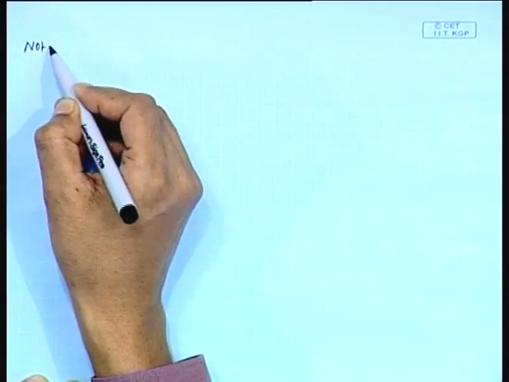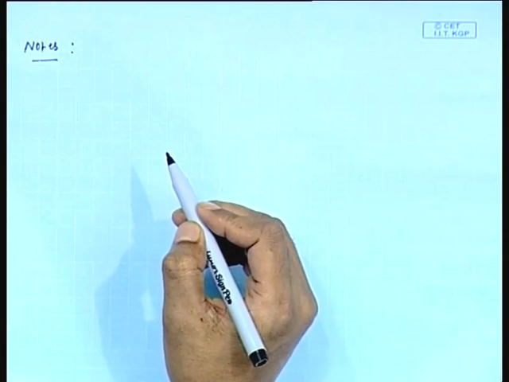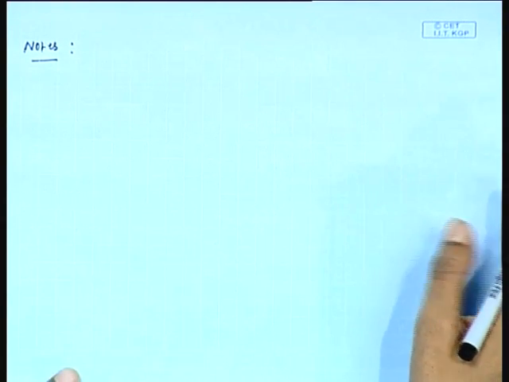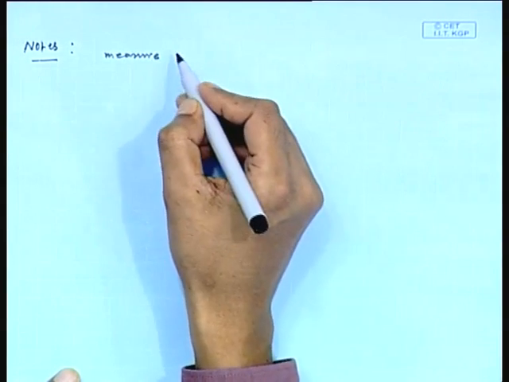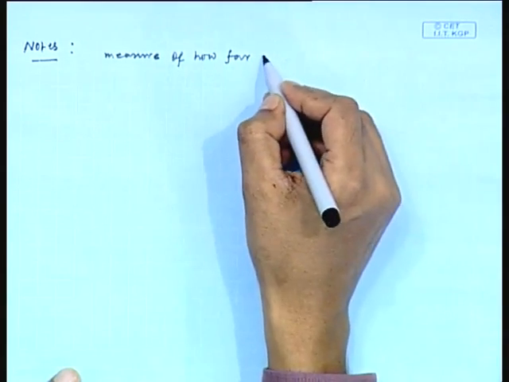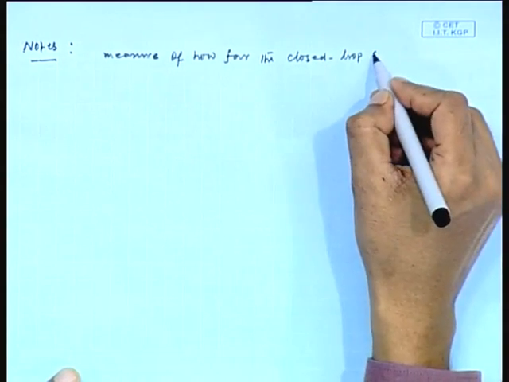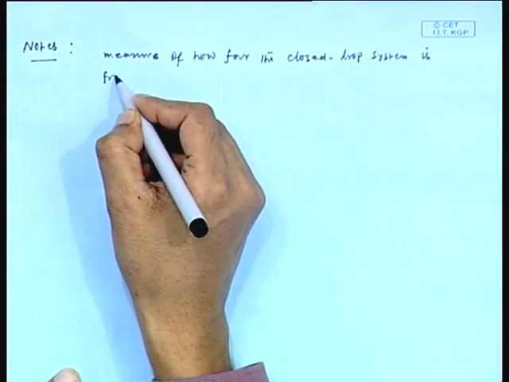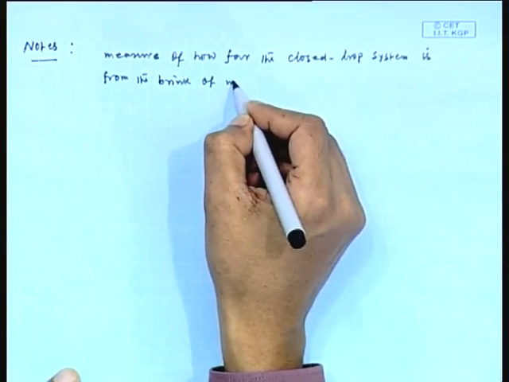Now, next we will note down few points. So, gain margin is a measure of how far the closed loop process is from the brink of instability.